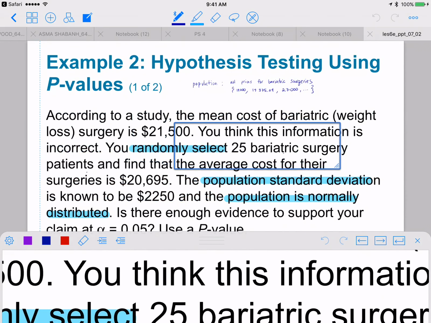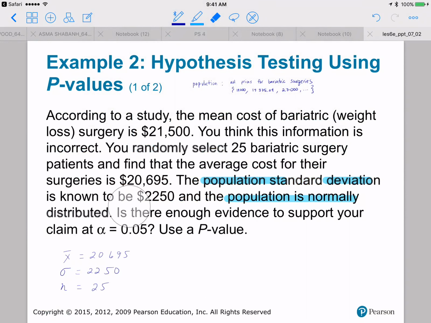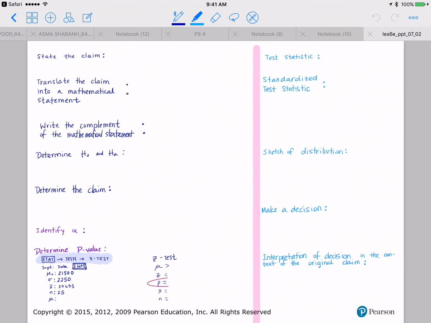What is the claim? So looking back, we've been told that you think this information is incorrect. So the claim is that the mean cost of bariatric surgery is not $21,500.